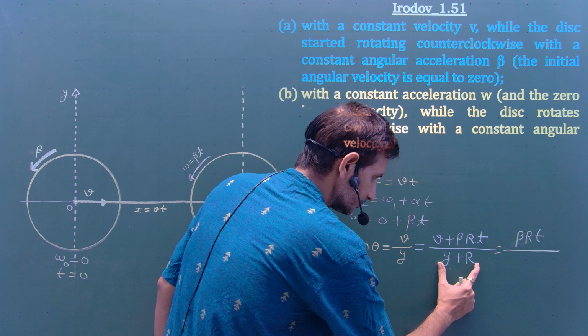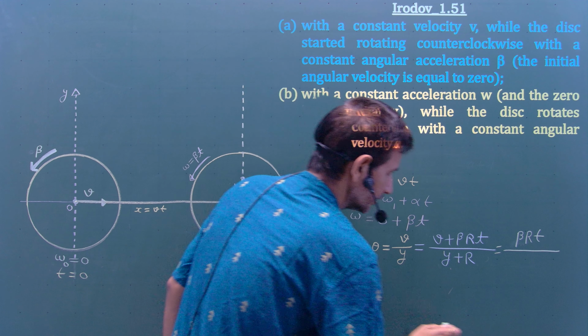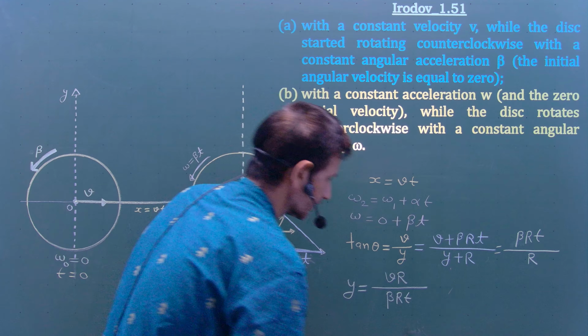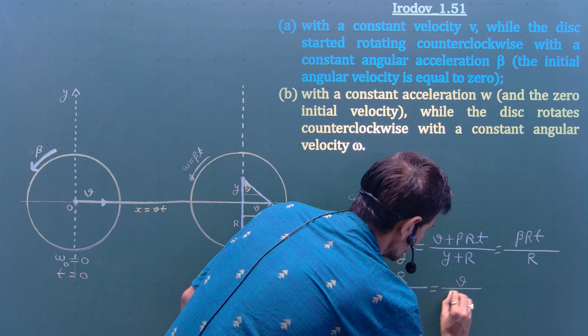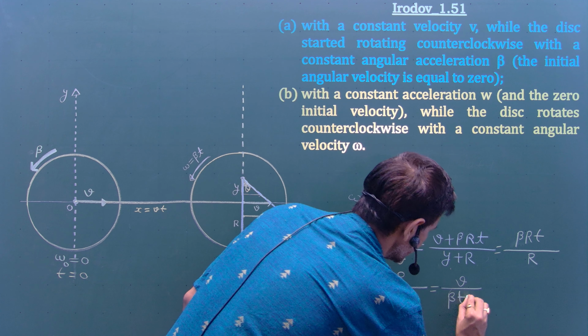So from this expression minus this, it is equal to radius r. Now these two are equal, so from this we can calculate y equal to v into r divided by beta into r into t. r and r cancel out, so it is equal to v divided by beta into t. Yes, this is the expression.